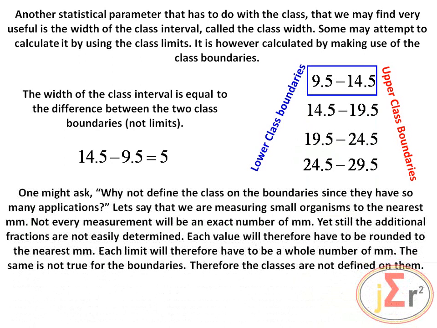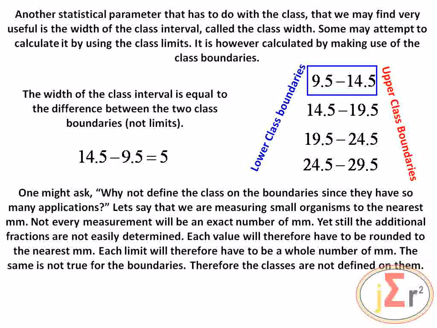One might ask, why not define the class on the boundaries since they have so many applications? Well, let us say that we are measuring small organisms to the nearest millimeter. Not every measurement will be an exact number of millimeters. Yet still, the additional fractions are not easily determined.